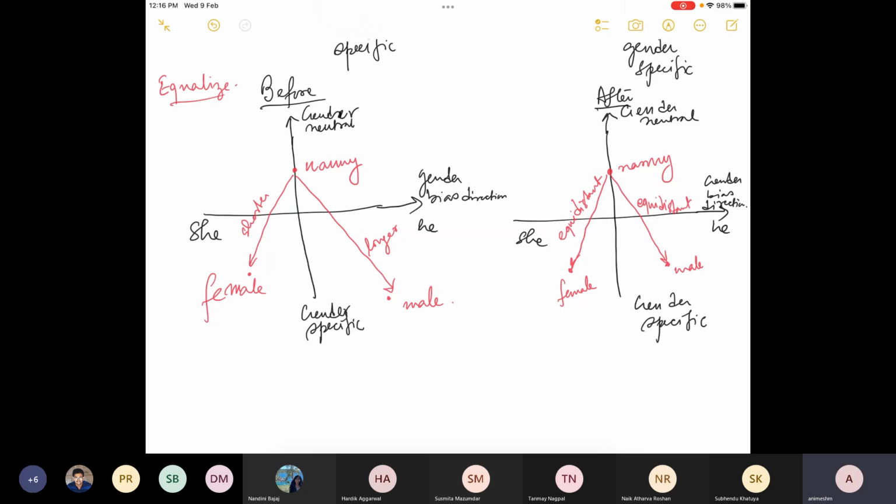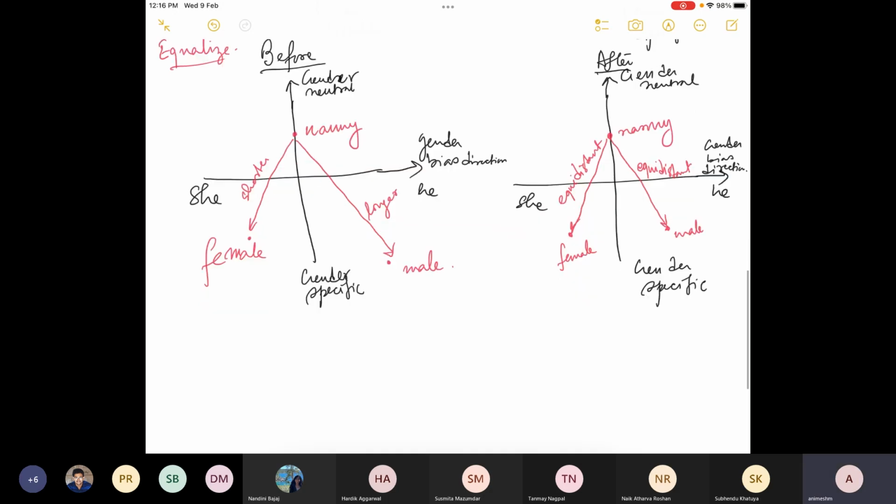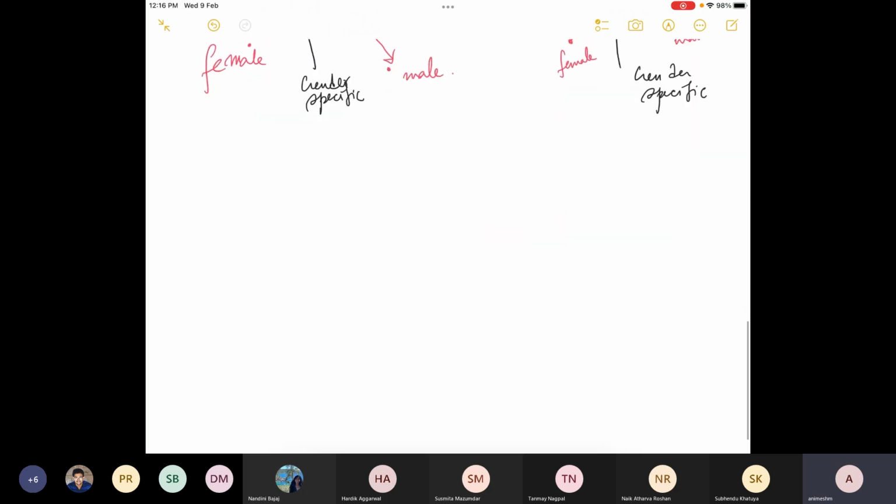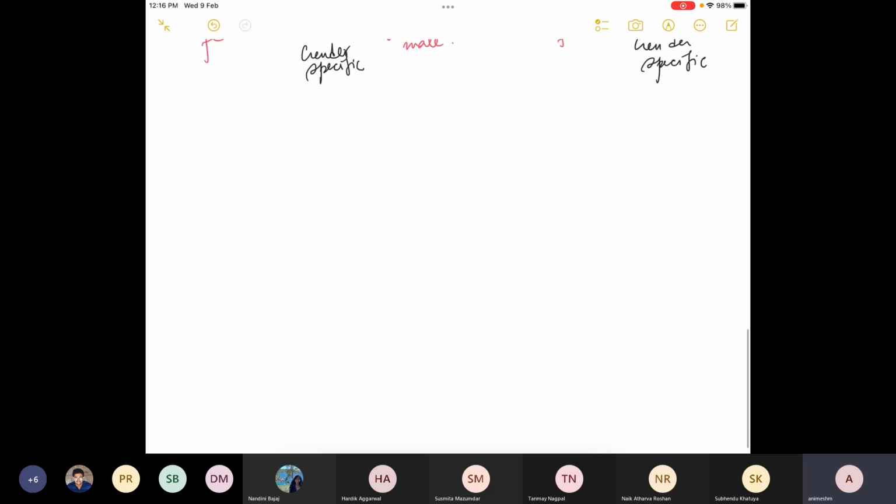Okay, so these are the two important steps that need to be executed one after the other in order to do the complete debiasing. Okay, so once we have pictorially understood what is what, it would be easy for us to follow the mathematical formulation for the algorithm.